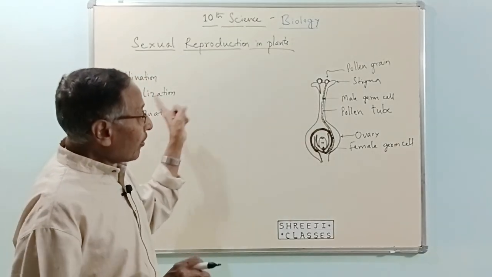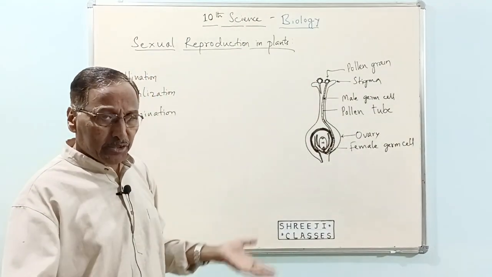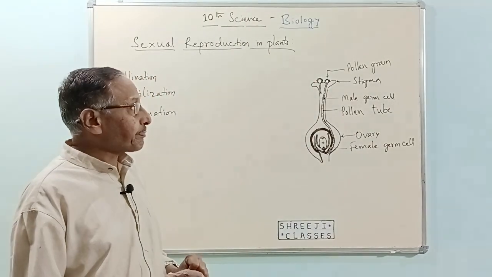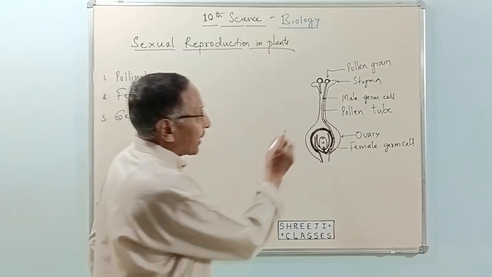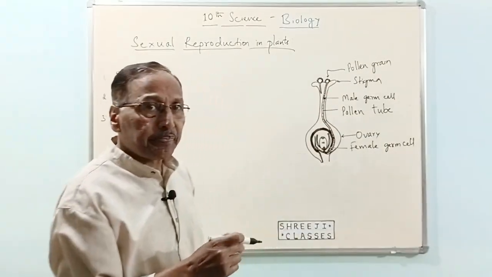When pollen grains fall on the stigma through pollination, the pollen grain starts developing a small tube.